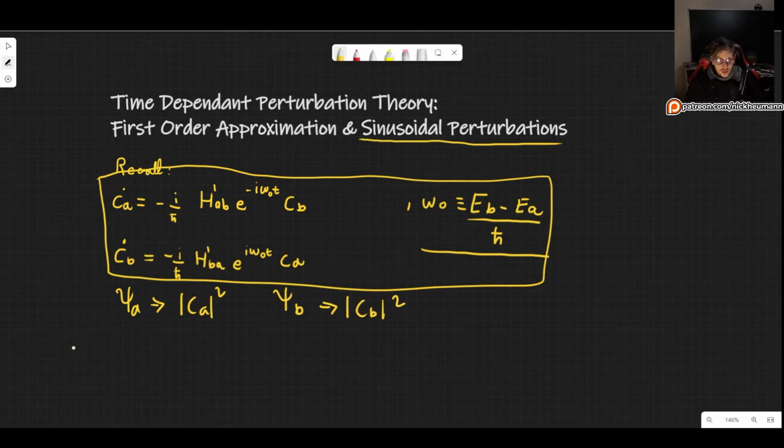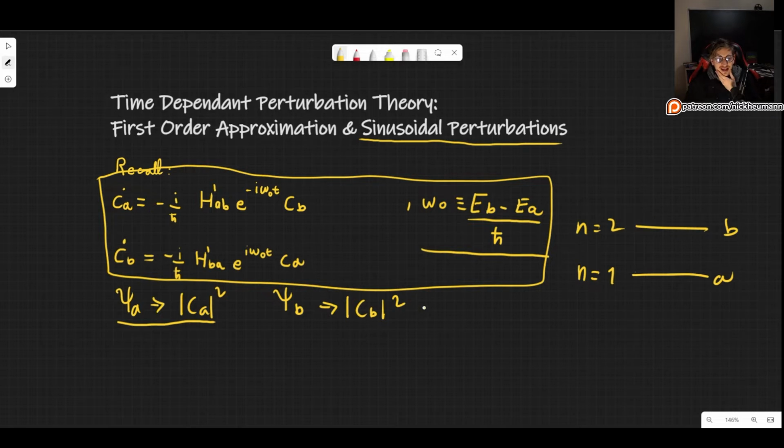So let's say that our system begins in any of the two. Let's say that this is the lower state. So for example, maybe this represents n equals 1 and n equals 2, and this will be state A, this will be state B. Of course, we could be representing something else, but this is just so that you know what we are talking about. Our system could be in either one of these states.